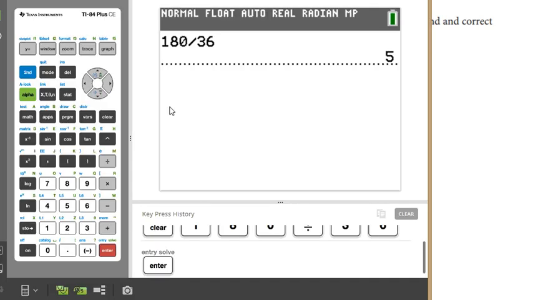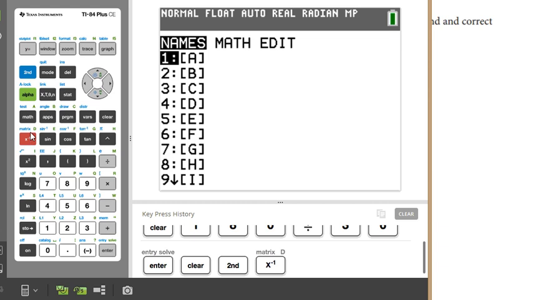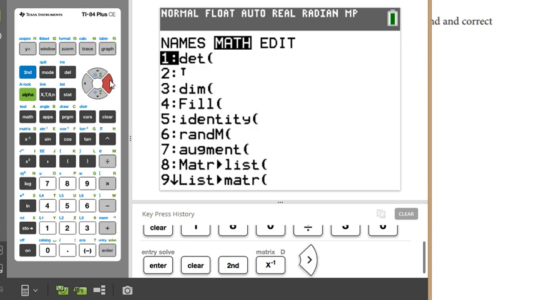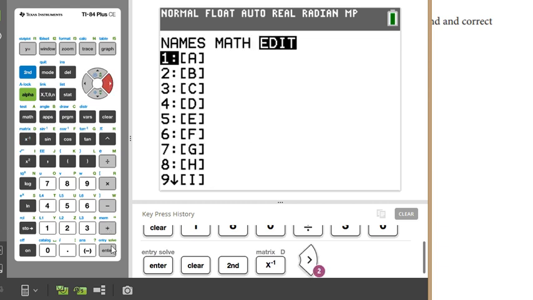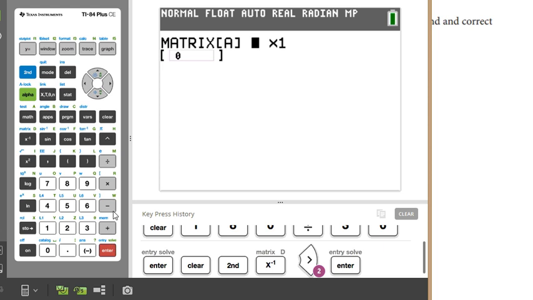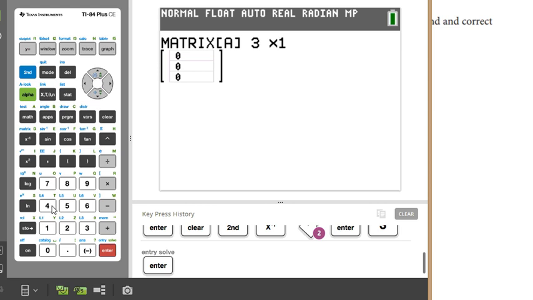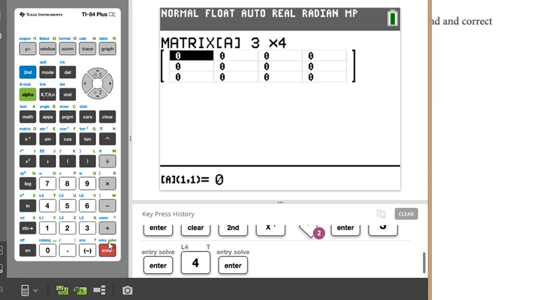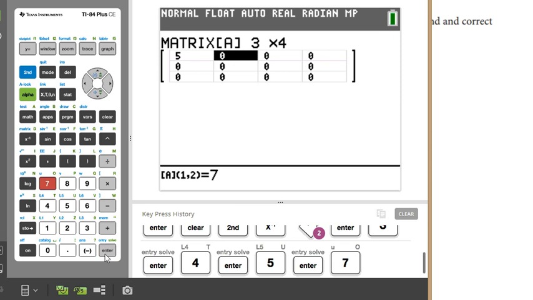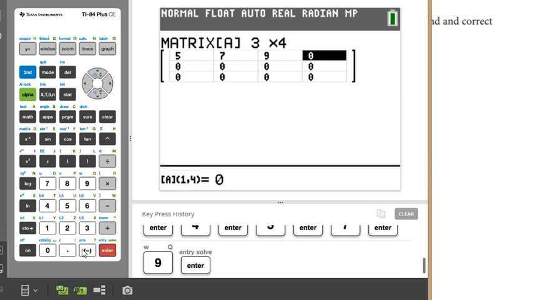And I'm going to clear this out and go to matrix, which is second matrix, and go over here to edit. When I go to edit, we're going to put in a 3x4 matrix. So I'm going to put 3, enter, 4, enter. And now we're going to put in those values, which are 5, enter, 7, enter, 9, enter, 0, enter.